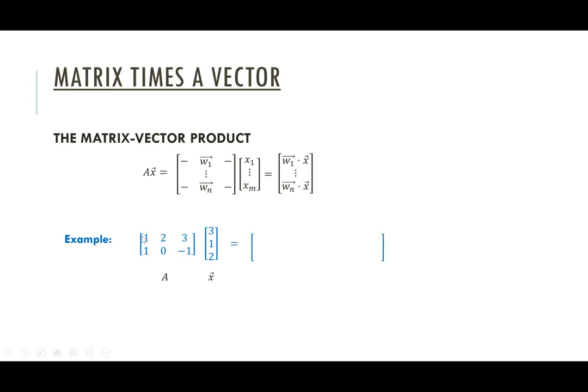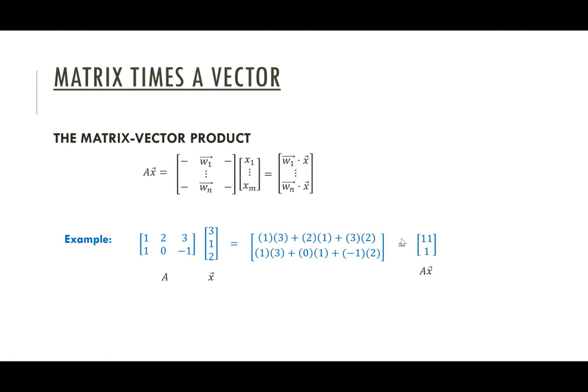Well, the first entry, we dot the first row with the vector. So it'd be 3 times 1 plus 2 times 1 plus 2 times 3. And then the second entry is the second row dot this vector, so 3 times 1 plus 1 times 0 plus 2 times negative 1. Add these all up and you get the vector 11, 1. And that is the product A times X.